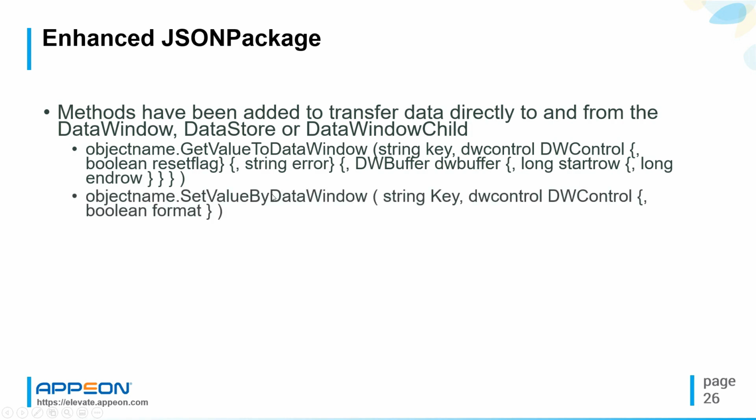Now to go the other way, we've got data in a data window or a data store, data window child, and we want to add it directly into the JSON Packager. We can do that using the set value by data window method. Once again, you're going to indicate the key, because that's going to be the new key you're going to add to the JSON that's already in the packager.